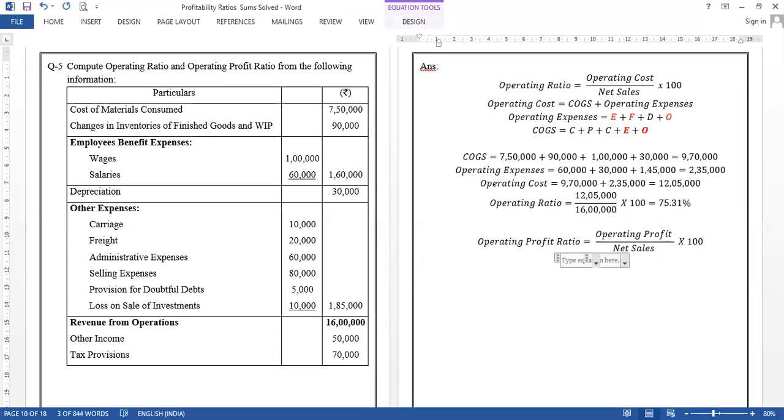Let me calculate the operating profit over here. Operating profit is equal to net revenue from operations. I'm writing it as net sales over here, less operating cost.